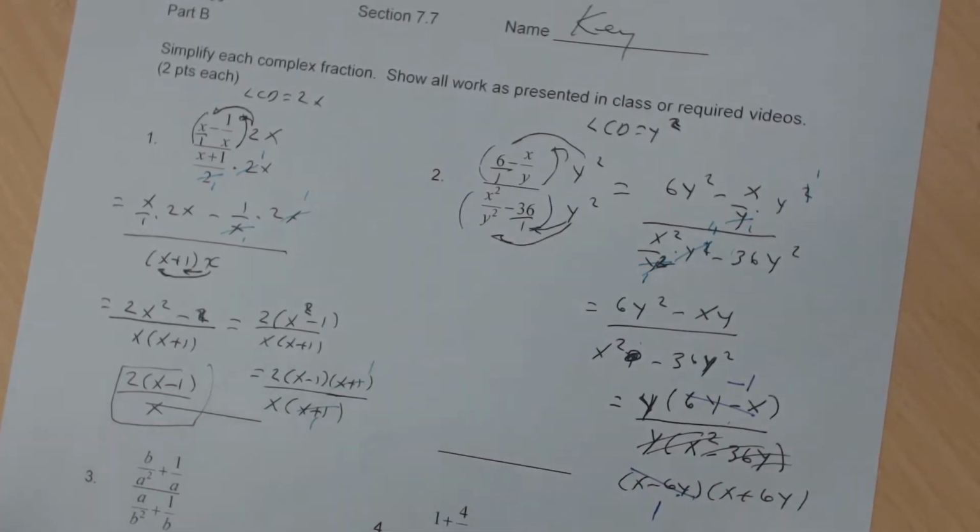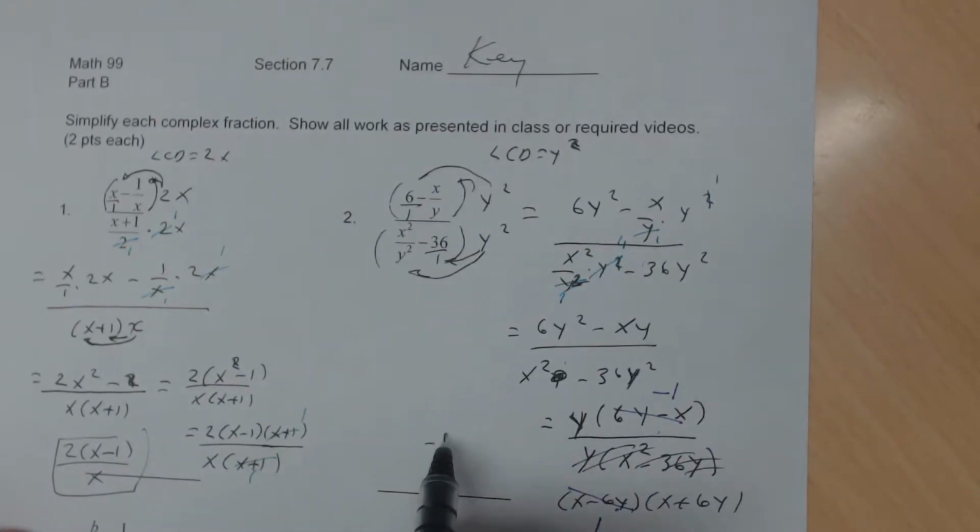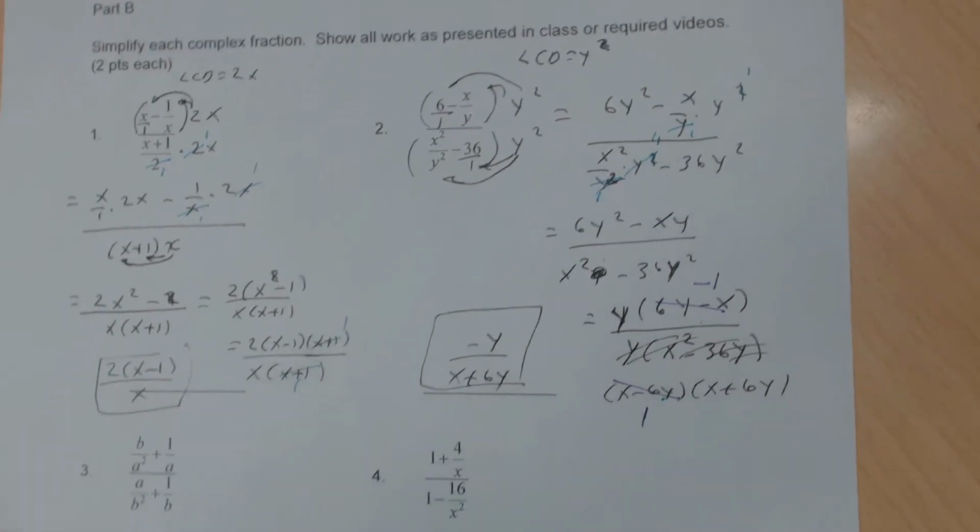And so now I'm going to get y times negative 1 is negative y, divided by, and let's see, the only thing I'm left with is x plus 6y. Okay, so that's the answer for number 2.